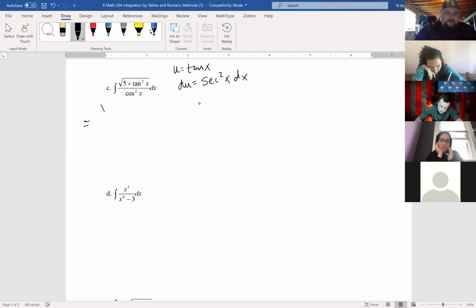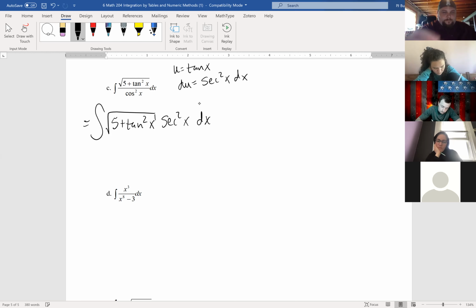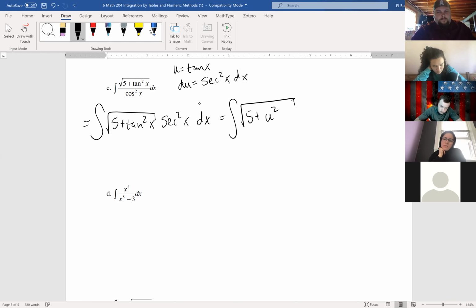So I could rewrite this integral just like this. And then if I make that u substitution, it now looks like that. And that is a very simple form given in that table.